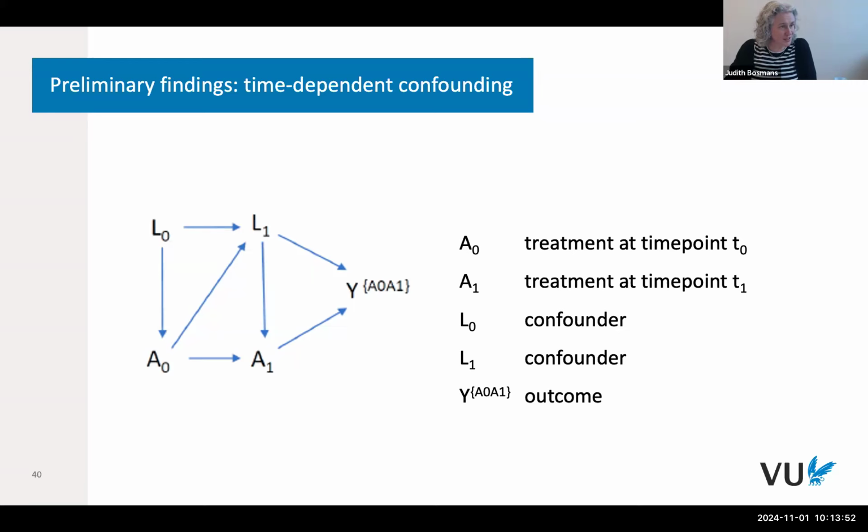Well, you can already see that if you do not adjust for that, the outcomes that you have may become pretty biased, right? So the outcome that you observe is not only the result of the treatment that the patient got at time point T0, but also the change in the confounder that is influencing the treatment and the outcome, but that may have also influenced the treatment that the patient received at time point 1.